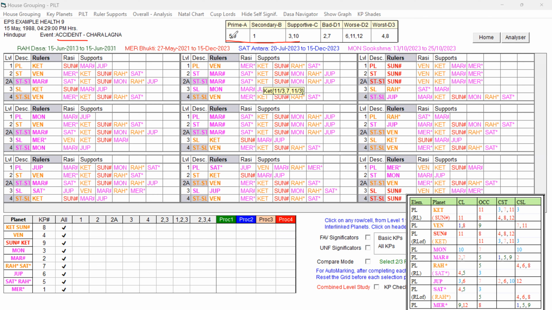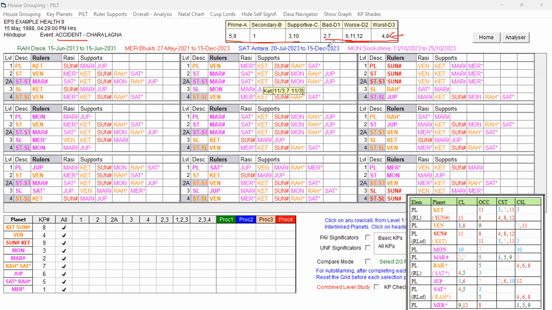So the houses that should be given for the event of accident are 2, 7, 6, 11, 12, and 4 and 8. These houses are supporting houses for the accident. From the Lagna point of view, they are all unfavorable to the Lagna, so they should be shown in red color.